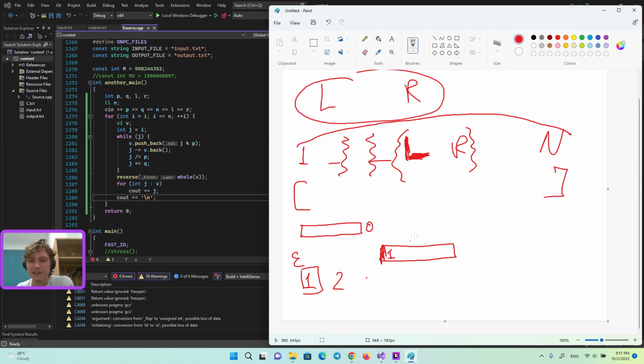What does it mean? It means that I have some number, I multiply it by r, and then I add the next digit. Okay. So what happens when I do it? I multiply it by r and add a new digit. Again, multiply by r and add a new digit.